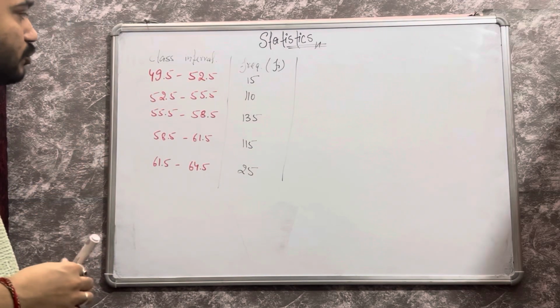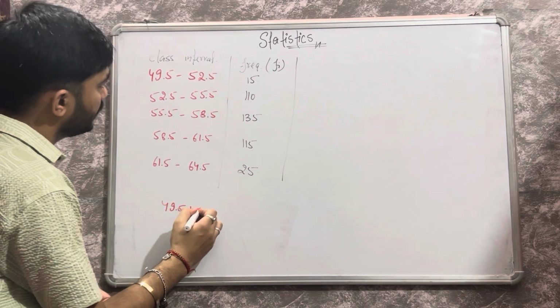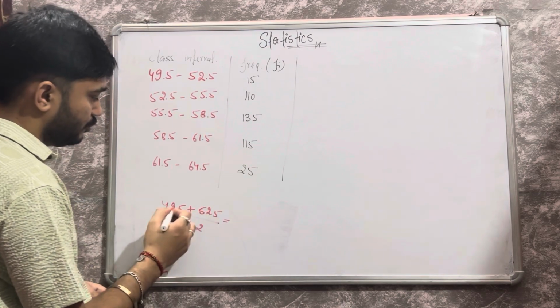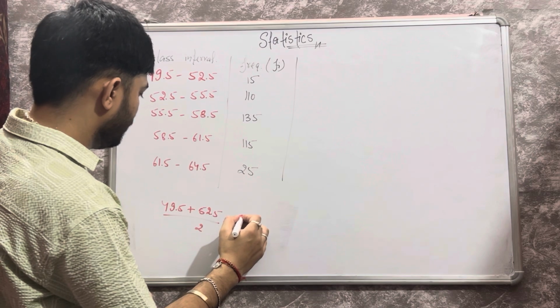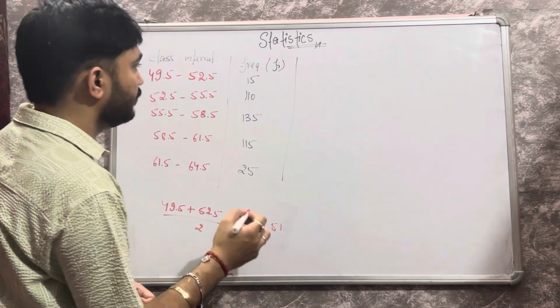Now you have to find the middle value here. How are you going to do so? Firstly, add 49.5 plus 52.5 and divide this by 2. Here the answer will be 50 plus 52, 102 by 2. Our answer will be 51.